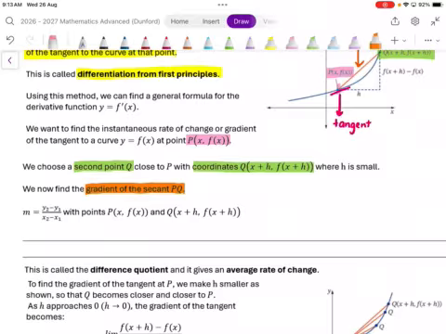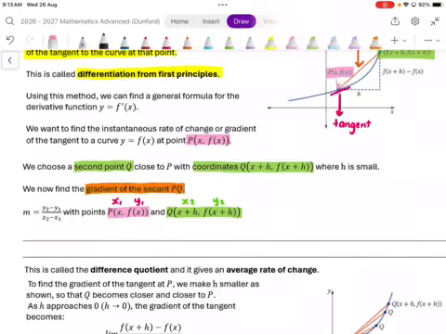So we have that m equals y2 minus y1 over x2 minus x1. We have our point x, f of x, and we have our point Q, x plus h, f of x plus h. And this is where we have x1, y1, I got that correct this time, x2, y2.